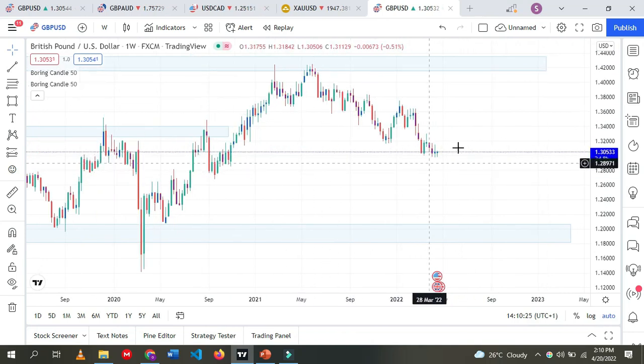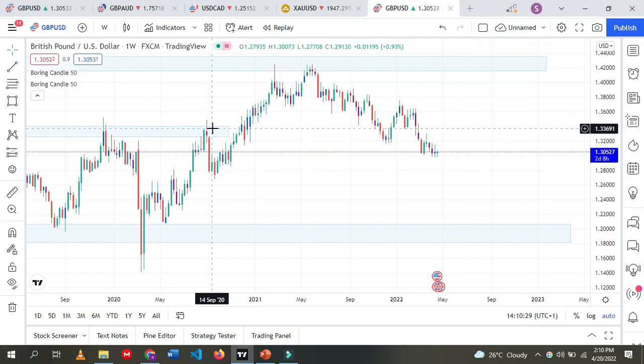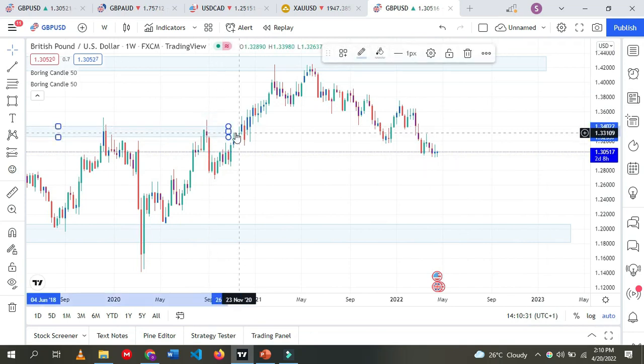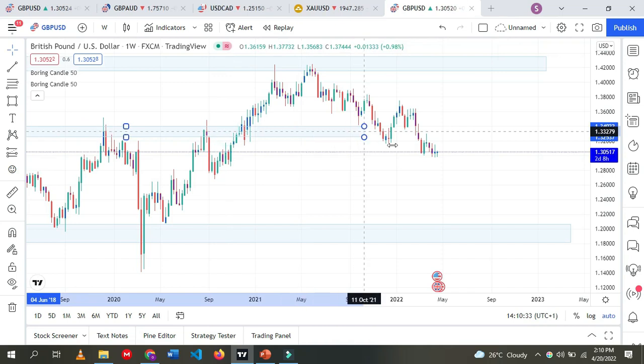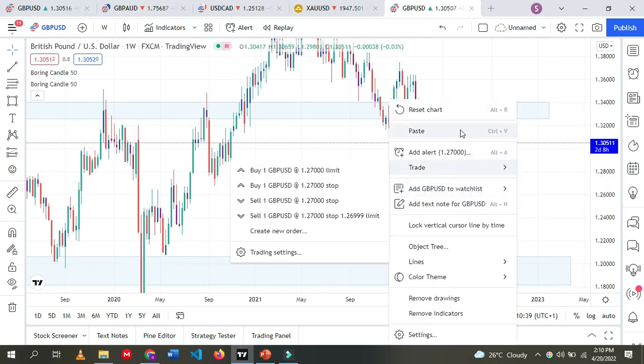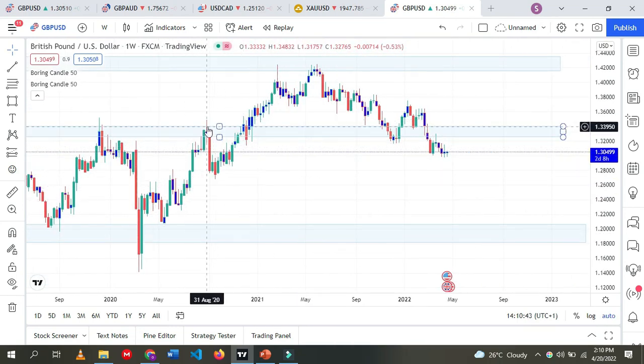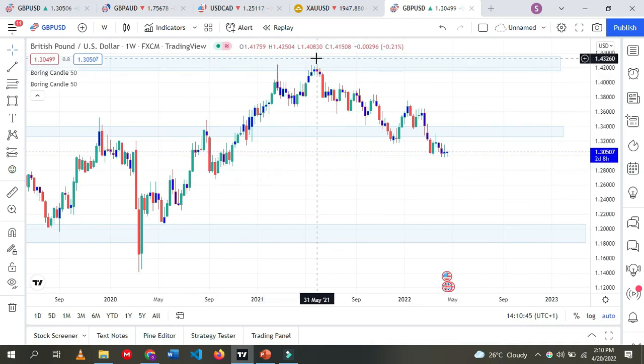So we are expecting, okay, now this is a level we've marked there before. Now price got to this level, retraced, moved up.